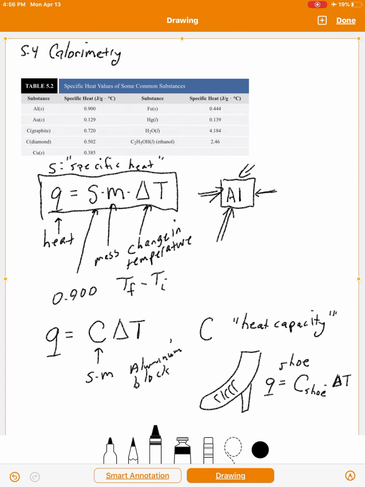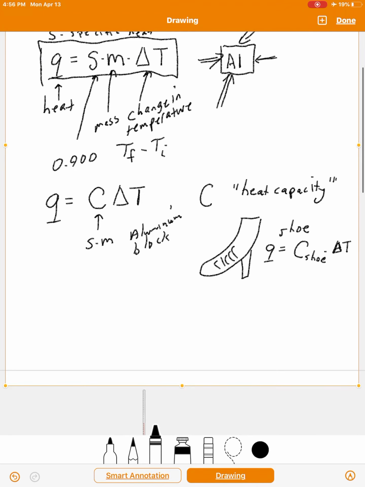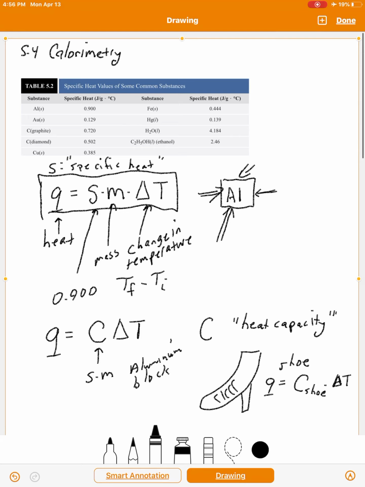Water has a specific heat of 4.184. You'll look at that, it's over on the right side. So the specific heat of water is 4.184, and the units are joules, those are energy units, divided by grams, which are mass units, divided by degrees C, which are temperature units.